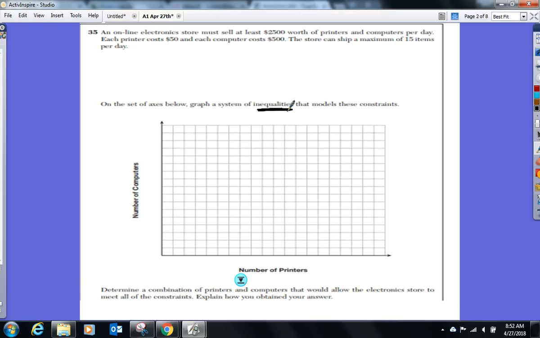What are my two products here? Printers and computers. So I need some variables here. I know you see computers and printers, so you maybe want to pick C and P, but we're graphing though. So maybe a little bit better idea would be what? X and Y, definitely, if we're graphing.